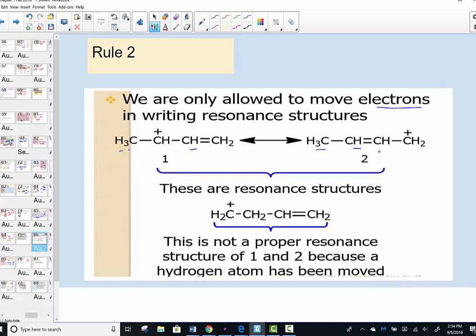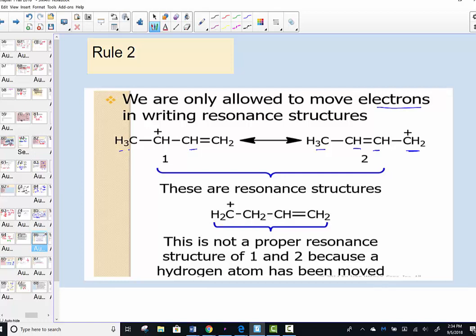CH, the same. CH2, the same. What's changed is the electron distribution between the carbon backbone of the compound. That's okay. You can change the electron distribution to create resonance structures. Doesn't necessarily mean they're all created equal in terms of energy content, but they are all valid structures.